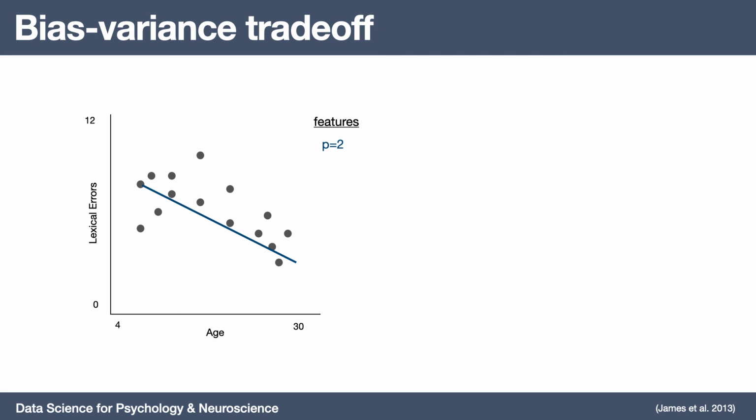I've compressed the relationship between age and lexical errors into a straight line. So I have some degree of generalizing my predictions if I get new data, new observations in this data set. But it's not really capturing the nuanced form of the relationship between age and lexical errors.